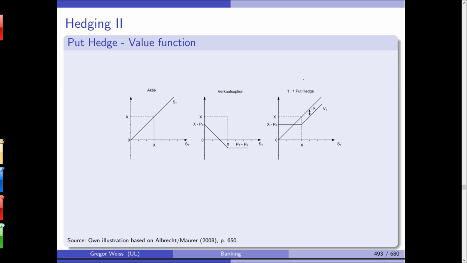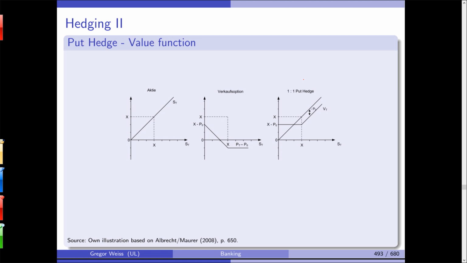And this is what it looks like. If the stock price goes up, well, trivially, the value of your stock investment goes up by exactly this amount. The put option, sorry for the German here, Verkaufsoption, that's a put option, will only profit if the stock price goes down.